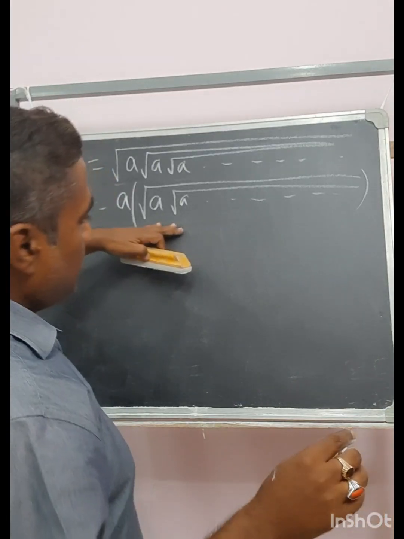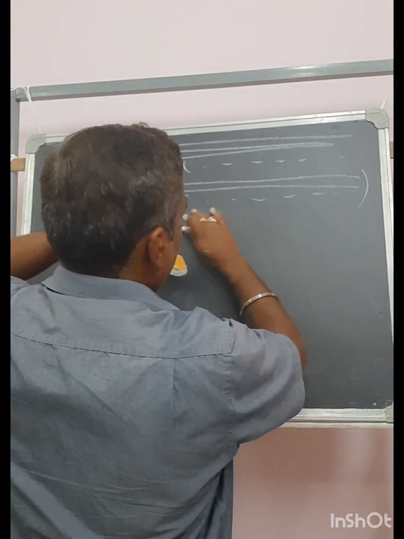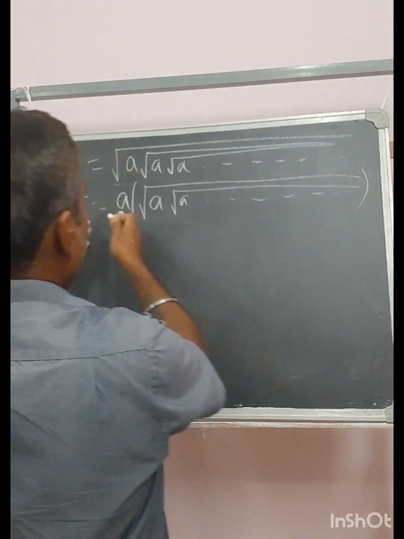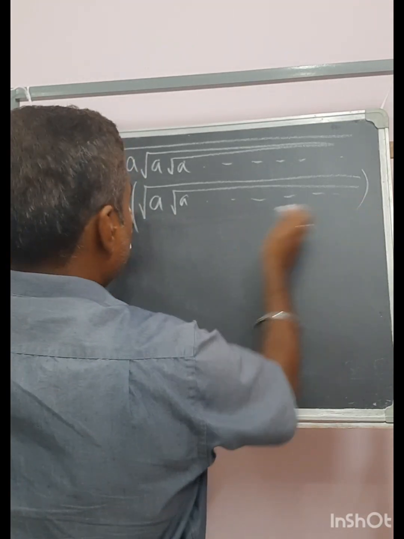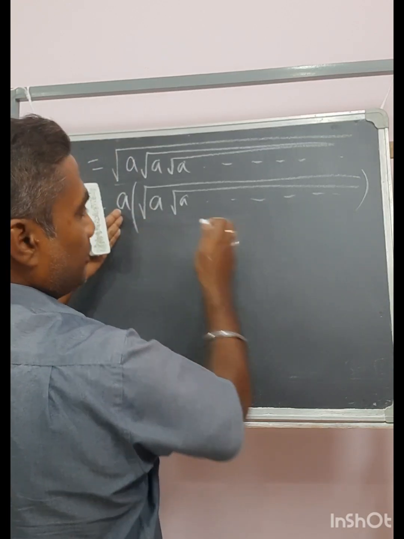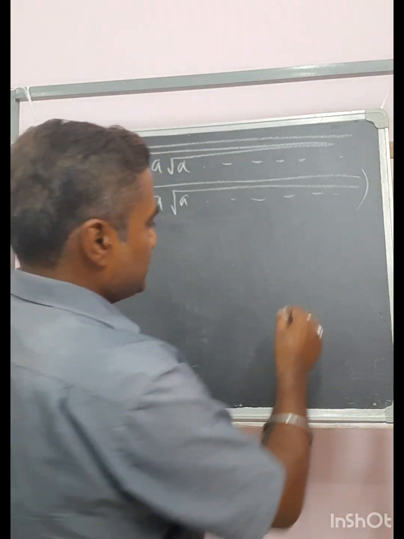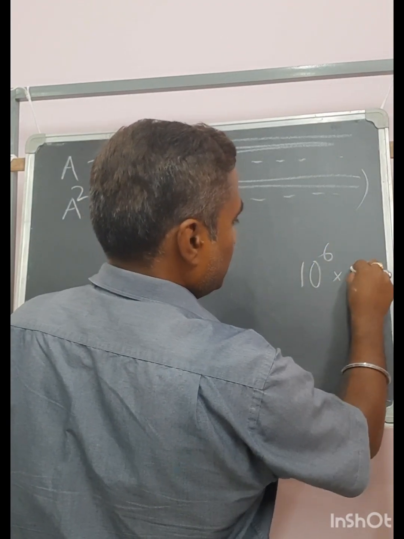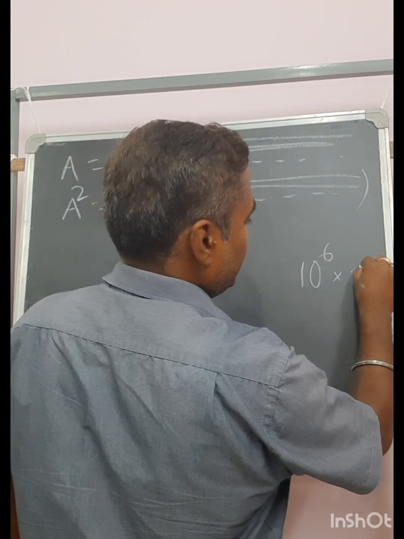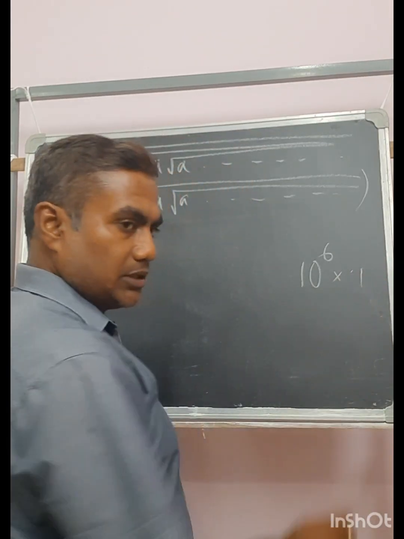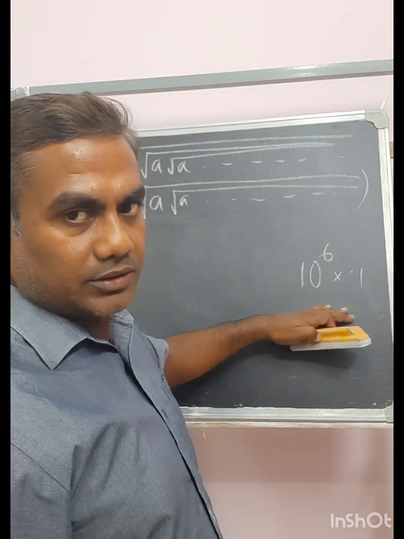If the number is so big, so large, that anything multiplied to it gives no change. That means if I multiply 10 to the power 6 into, let's say, 0.1, it gives not much change to the number.